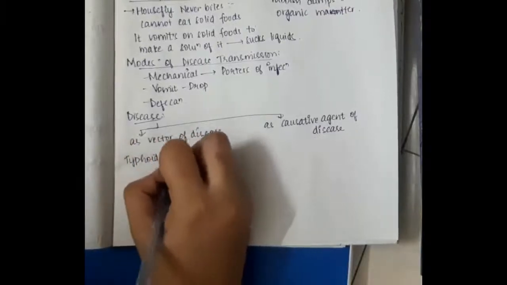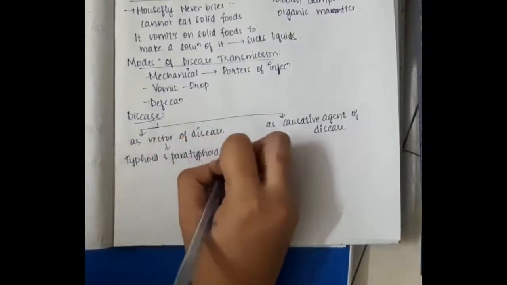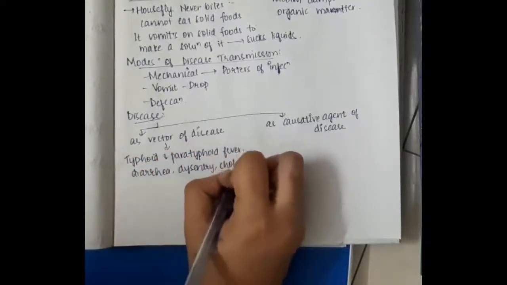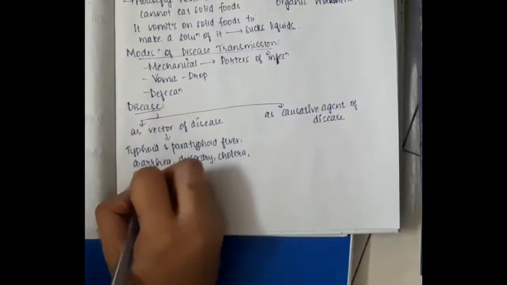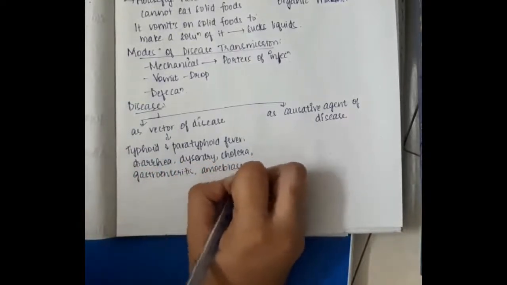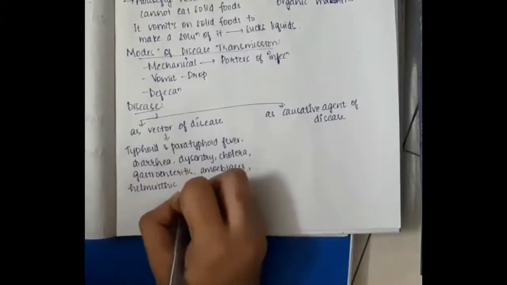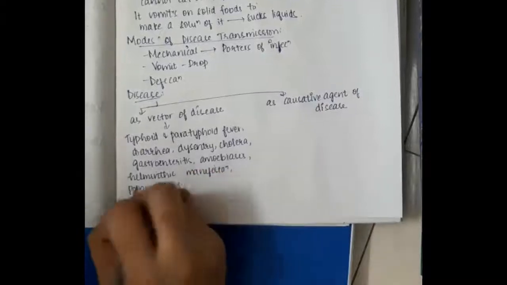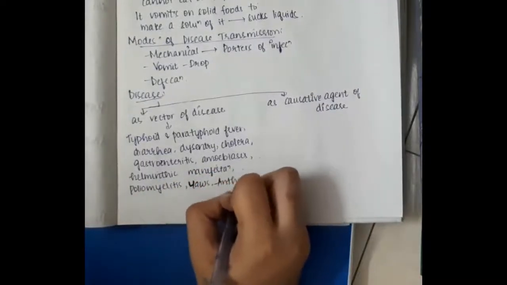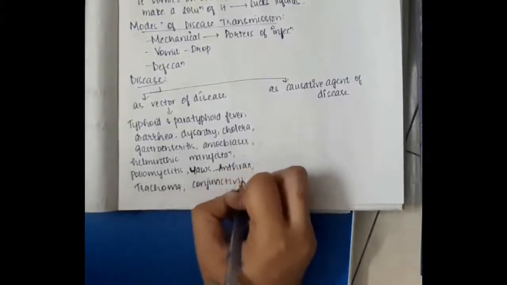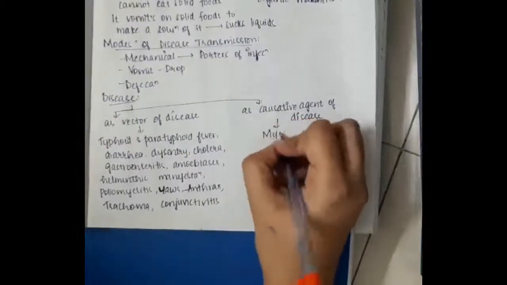As a vector of disease, it transmits typhoid, paratyphoid fever, diarrhea, dysentery, cholera, gastroenteritis, helminthic infestations, poliomyelitis, yaws, anthrax, trachoma, and conjunctivitis. As a causative agent of disease, it causes myiasis.